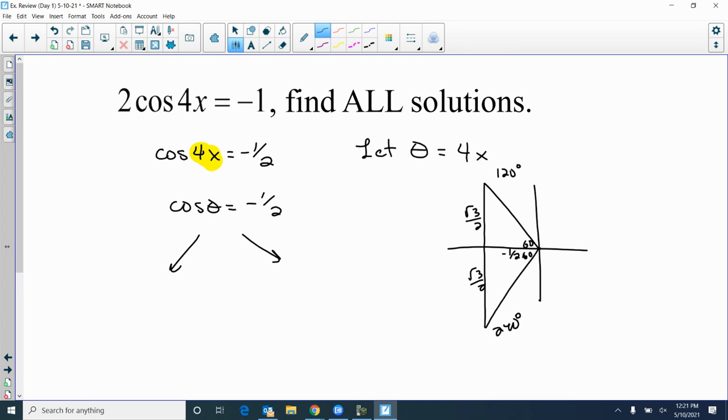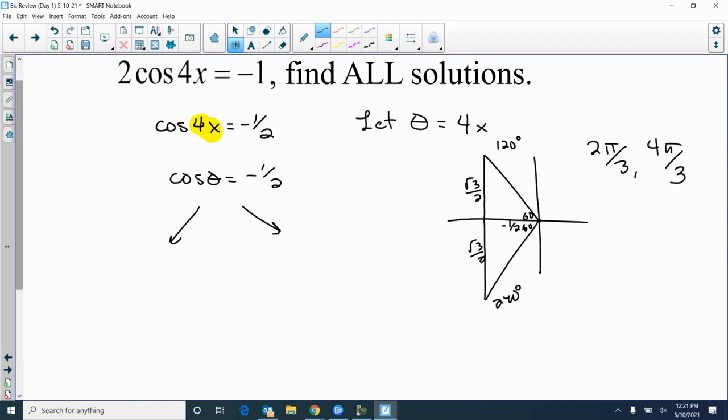120, 2 pi over 3, right? And then 240 is 4 pi over 3. And this is what we do here. So theta equals 2 pi over 3 plus 2 pi n. Remember, it says all solutions, and theoretically there's an infinite number of solutions. It just keeps repeating.